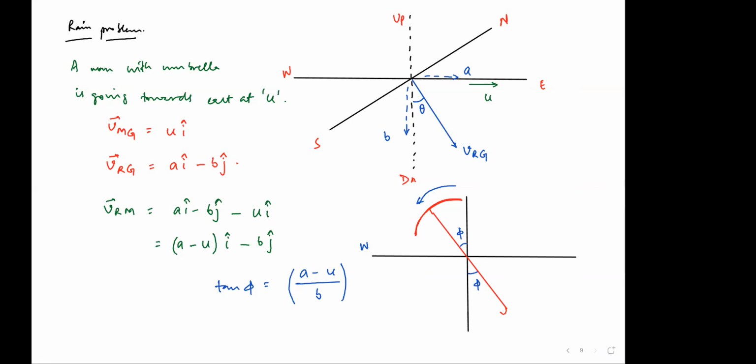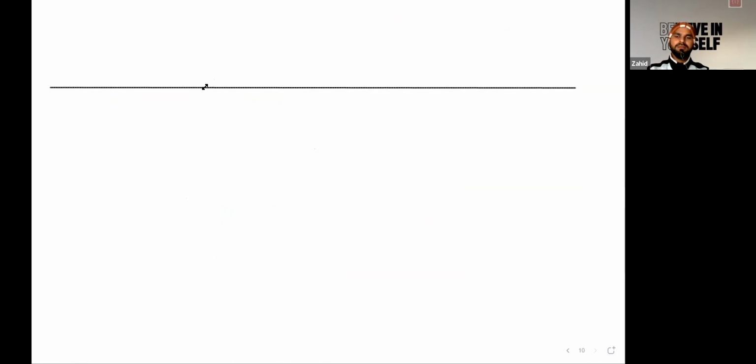So on the basis of this value, we may define different cases. Let's say this is the horizontal line and the vertical for the first case.